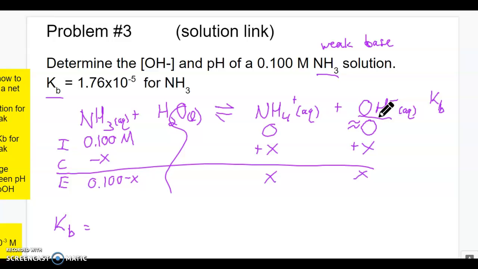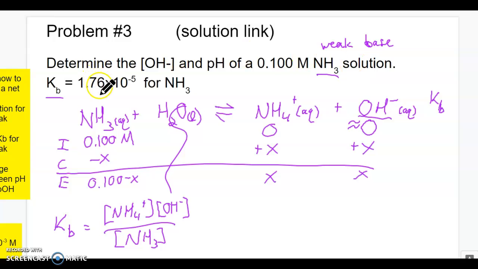My expression is basically the concentration of NH4 plus times the concentration of OH minus over the concentration of NH3. So it's my products over my reactants, just like what we did before. They tell me the value for Kb is 1.76 times 10 to the negative fifth equals, and now I can put my concentrations at equilibrium into this expression.